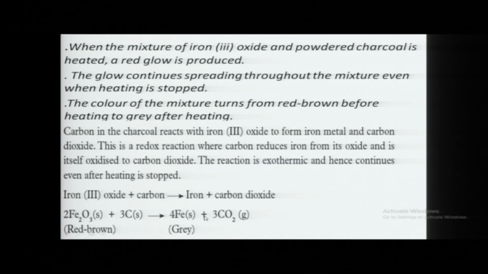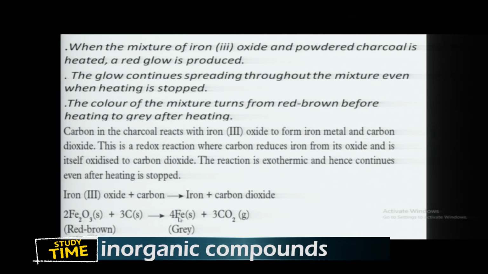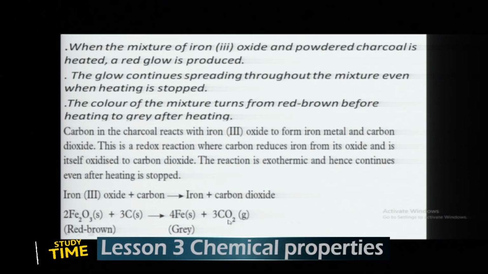Here we had iron 3 oxide and a single carbon. Now this one remained as iron, and this becomes carbon dioxide, meaning that the carbon removed oxygen from iron 3 oxide and added it onto itself to form carbon dioxide. We call that oxidation.